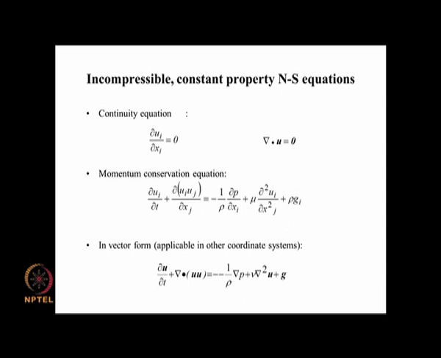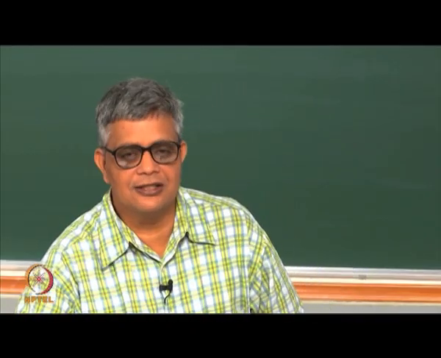And you can go to standard textbooks to have the definitions of the divergence operator and the del square operator and the gradient operator to rewrite this in any orthogonal coordinate system that you fancy or that is applicable for a specific problem. For example, if you are looking at flow over a sphere, then instead of using a Cartesian coordinate system, you might want to use a spherical coordinate system.